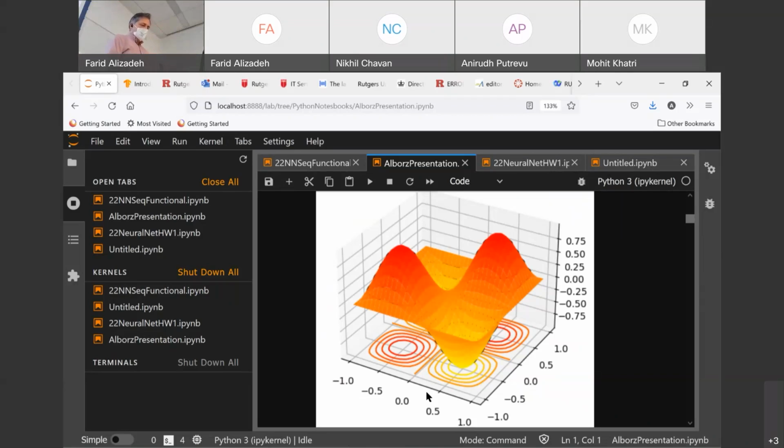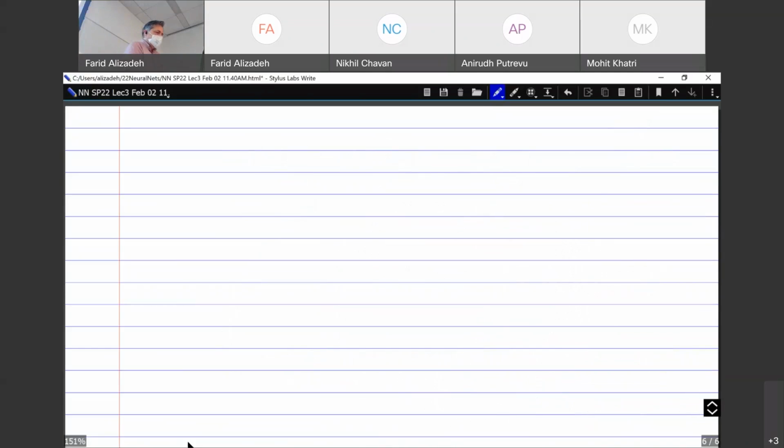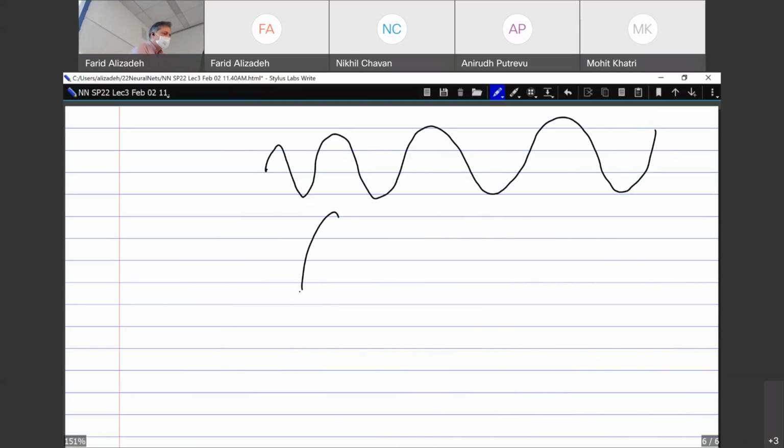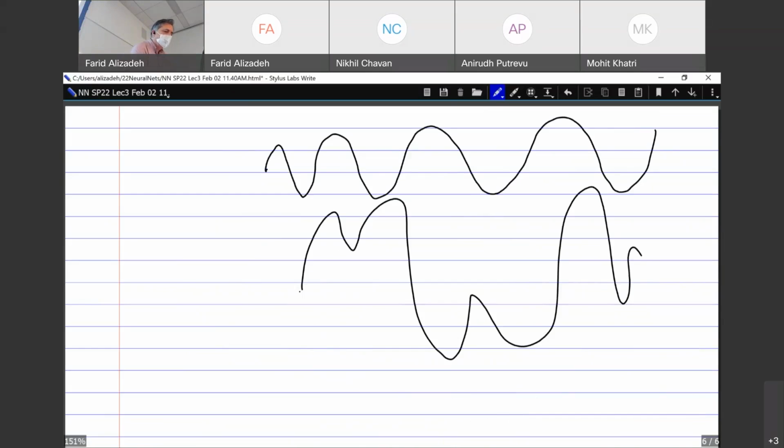If you want to visualize it for a one-dimensional situation, it's kind of like this, as opposed to like this. If it was like that, it would be a disaster because the minimums are up and down. Which one do we converge to?